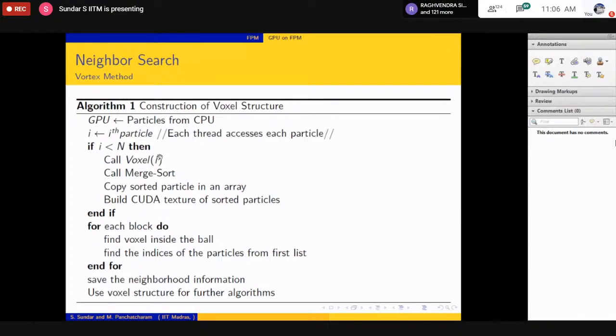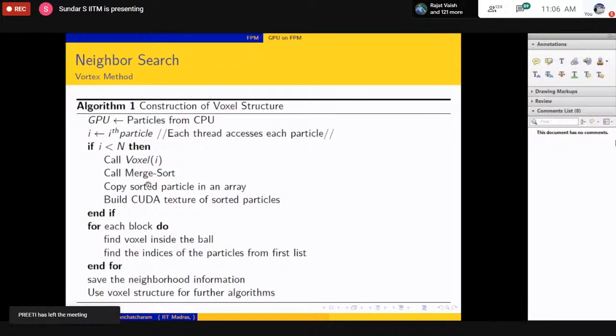So the GPU algorithm will look like this. Particles from the CPU go to the GPU, and each thread accesses each particle, the ith particle. Then I call the voxel of i. In order to keep the particles in a particular form, I am using a merge sort because every particle is labeled.